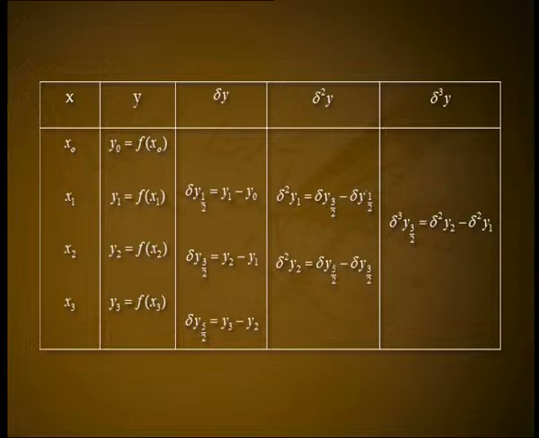Delta square y values: delta square y1 equal to delta y 3 by 2 minus delta y 1 by 2, delta square y2 equal to delta y 5 by 2 minus delta y 3 by 2, and delta cube y value, delta cube y 3 by 2 equal to delta square y2 minus delta square y1.